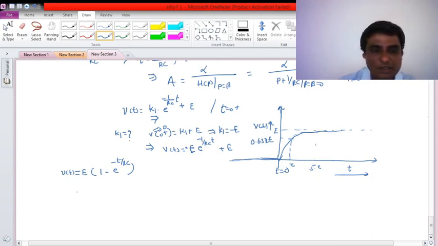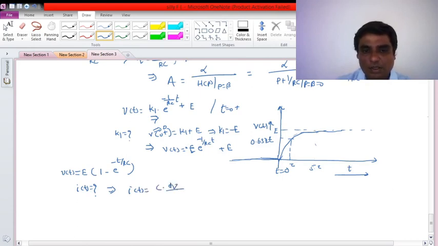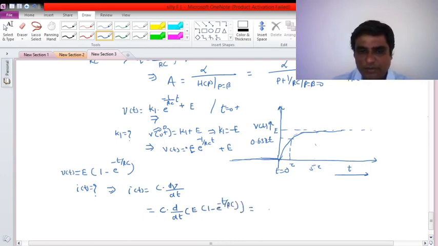Now from that, let me calculate what will be the behavior of the current through the capacitor. So we know i will be equal to C dV by dt, which is C d/dt of V, which we have calculated: E times (1 minus e raised to minus t by RC). If I differentiate it, the first term will be 0 and the second term will be minus 1 upon RC.